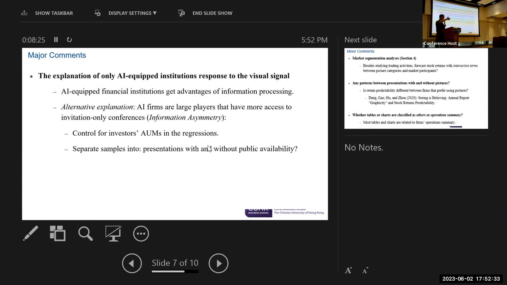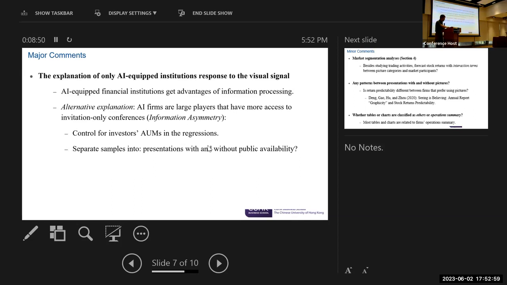They hire those AI people, so they are able to process those pictures. I was thinking about an alternative explanation based on information asymmetry. You know that most of those conferences, especially those organized by brokers, are financial only. They're not open to retail investors. So you need to be big enough to be invited.